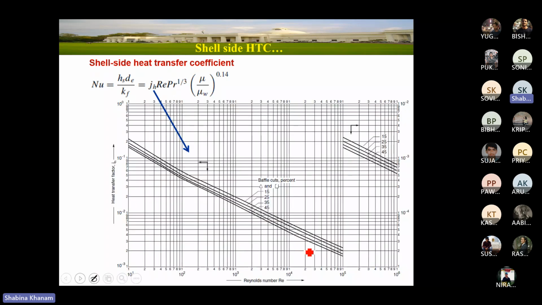Here you can see the heat transfer factor, and here you need to consider the baffle cut. If you remember the last class, we discussed that baffle cut varies from 15 to 45 percent, but you cannot take any value in between. If it does not work for 15, you need to consider 25, not 20.